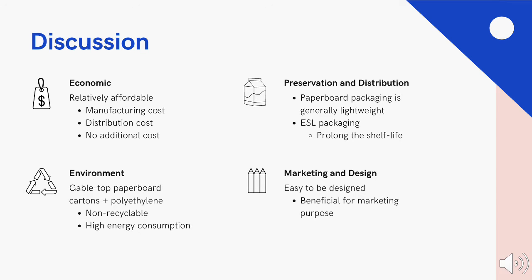Subsequently, the current gable-top paperboard cartons used for milk packaging are designed with additional ESL, or extended shelf life, packaging to prolong the shelf life of milk while reducing the risk of contamination from physical, chemical, and biological sources. Hence, this packaging is relatively suitable for milk packaging and it is generally lightweight compared to plastic and glass, so it becomes the main advantage from the distribution point of view.